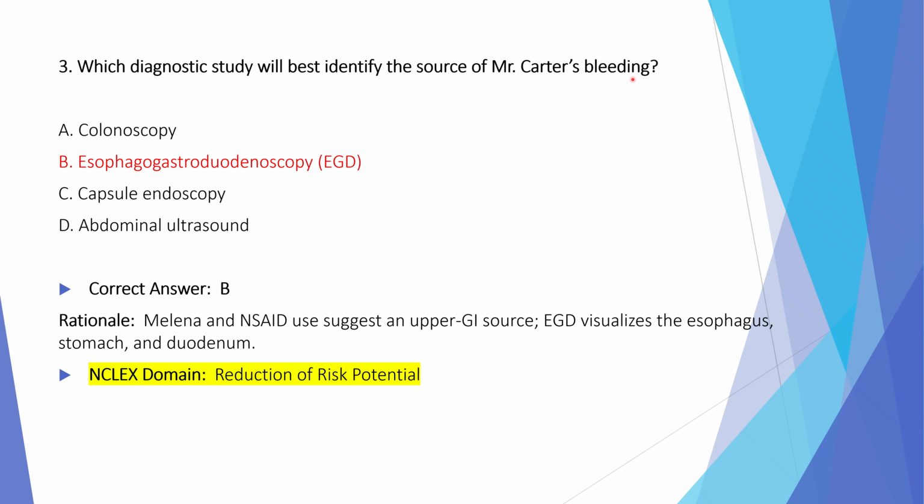Because melena and NSAID use suggest an upper GI source, and the EGD visualizes the esophagus, stomach, and duodenum: esophago, the esophagus; gastro, the stomach; duodeno, the duodenum; and scopy. And the NCLEX domain is reduction of risk potential.